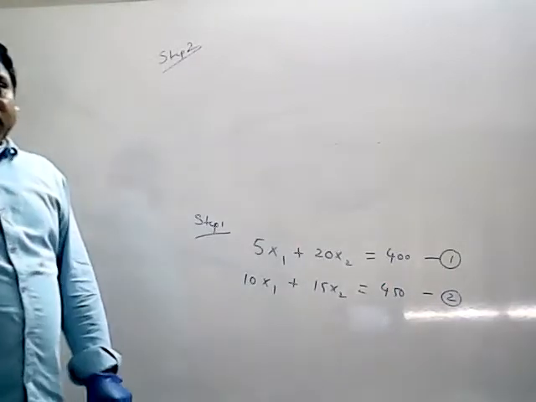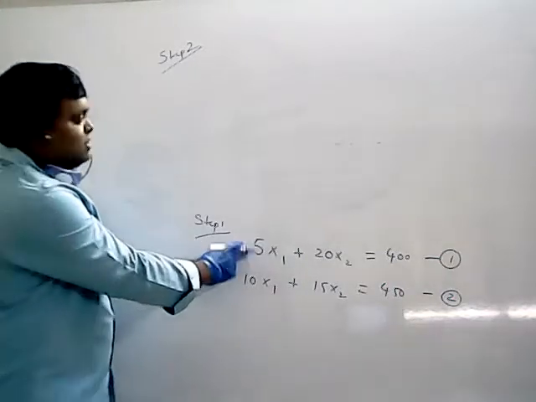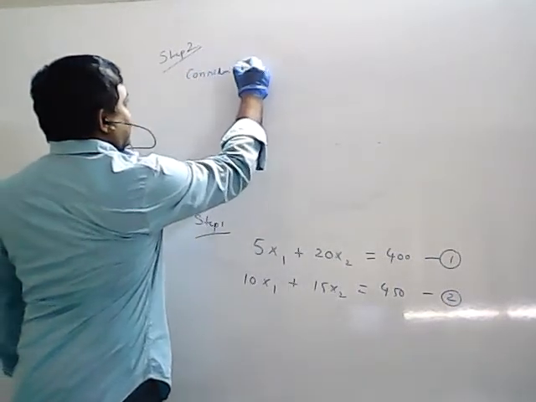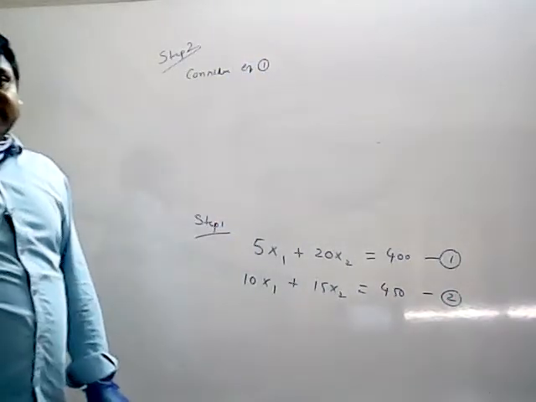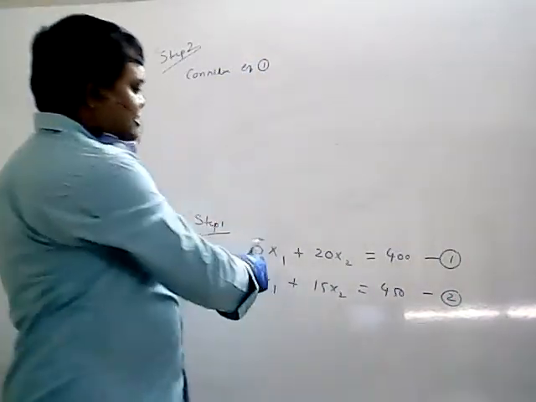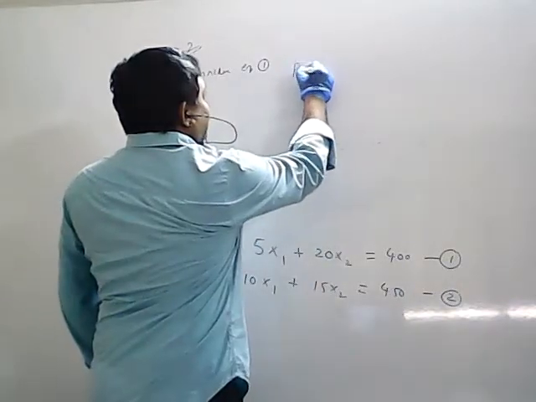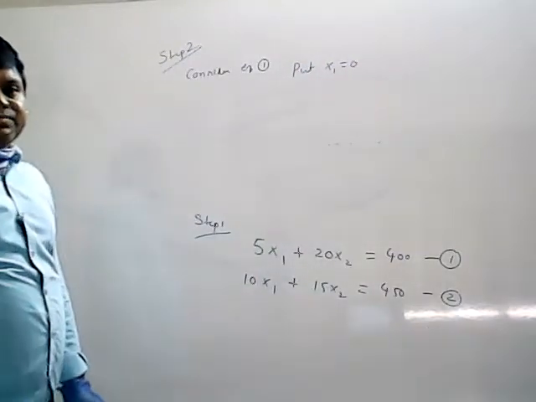Now, how will you identify the points? Consider equation number 1. If you understood, then you can write. In equation 1, put x1 equal to 0.